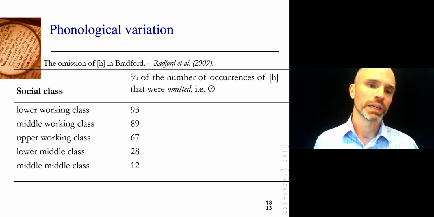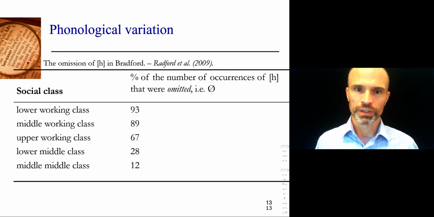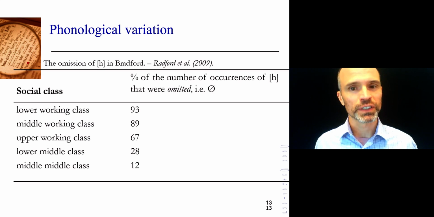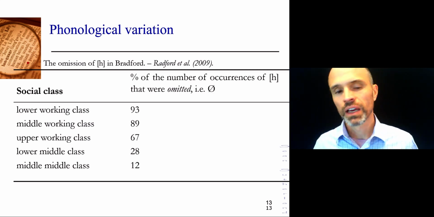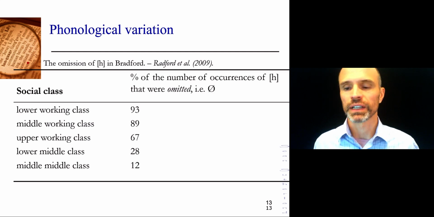These distinctions, lower working class, middle working class, you can go to the original article to see precisely what the detail is here, but it's based on government classifications of class at the time. It's different now.